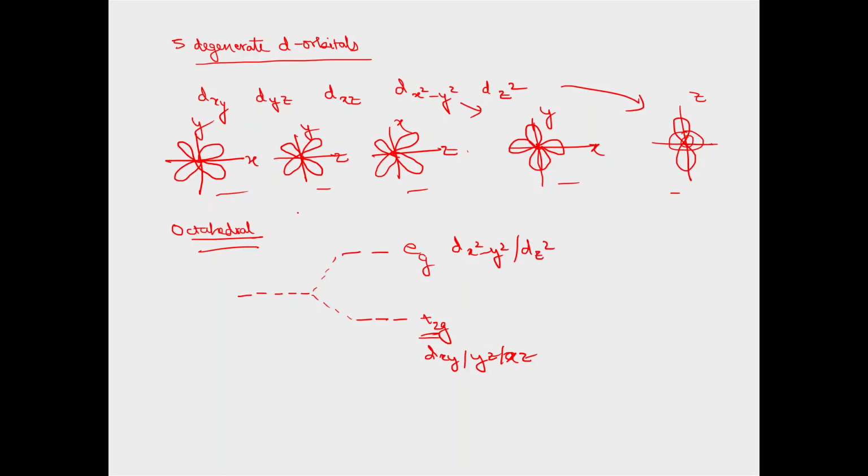Because of more repulsion, this Eg goes higher in energy, and we see this type of splitting: the degenerate d orbitals split into two energy sets, T2g and Eg. Now, one more thing, why is this g coming? Anyone knows this? Center of symmetry. Yeah. If we see, for all the d orbital lobes, this is the center of symmetry.